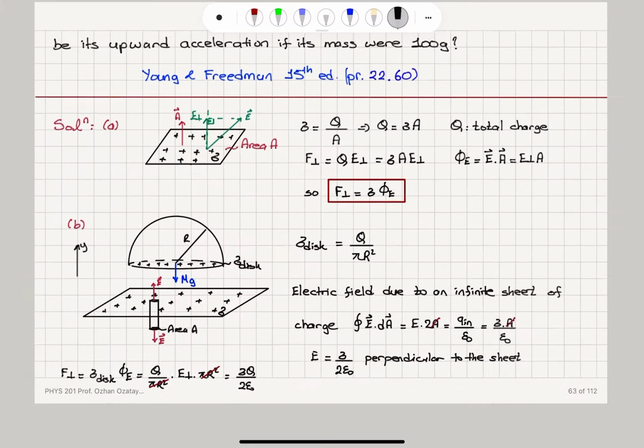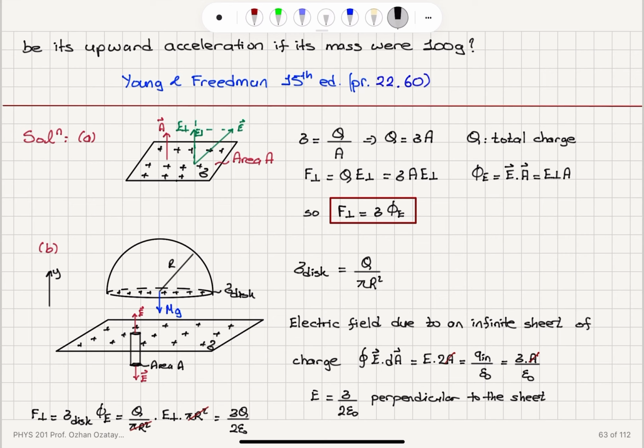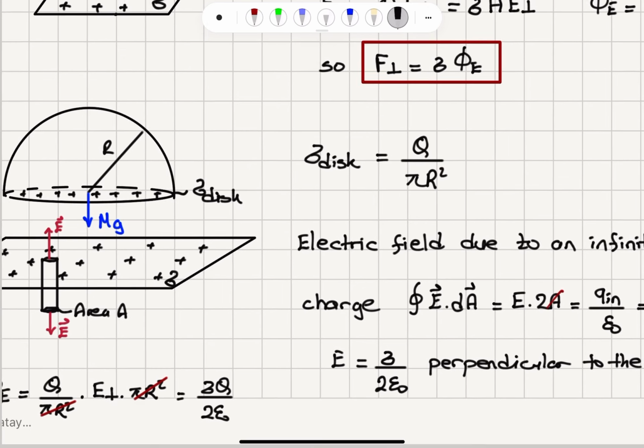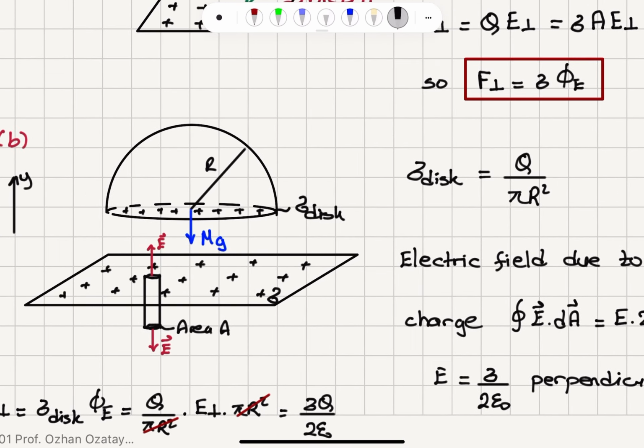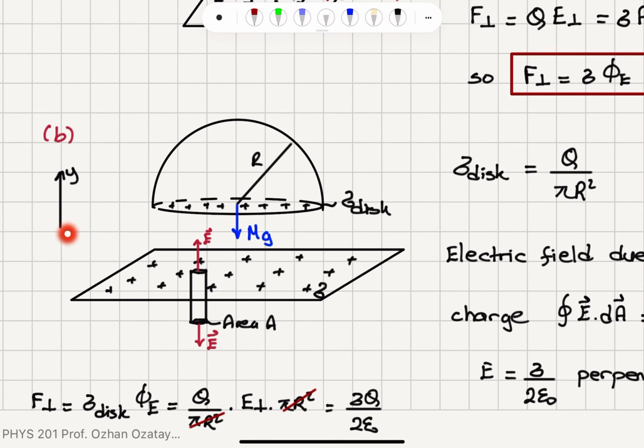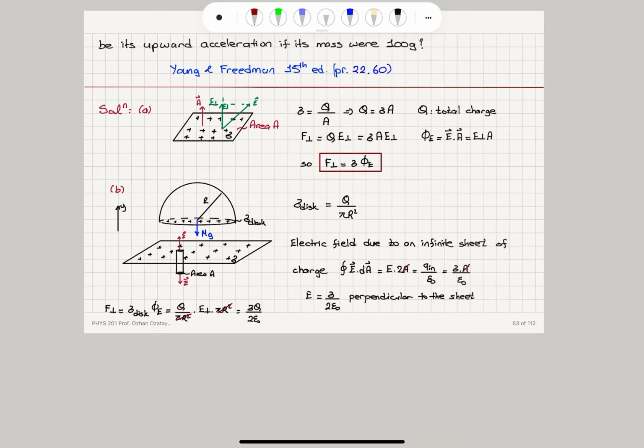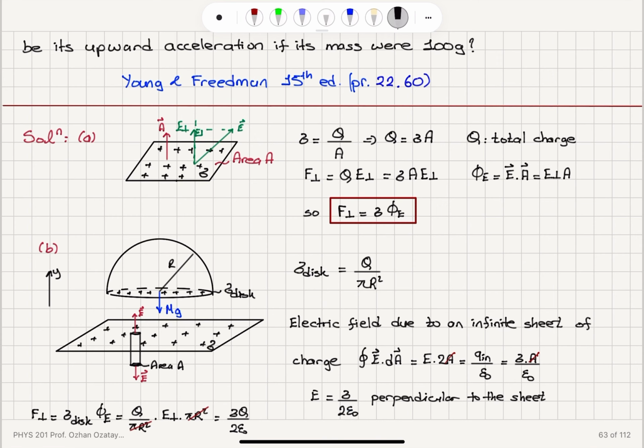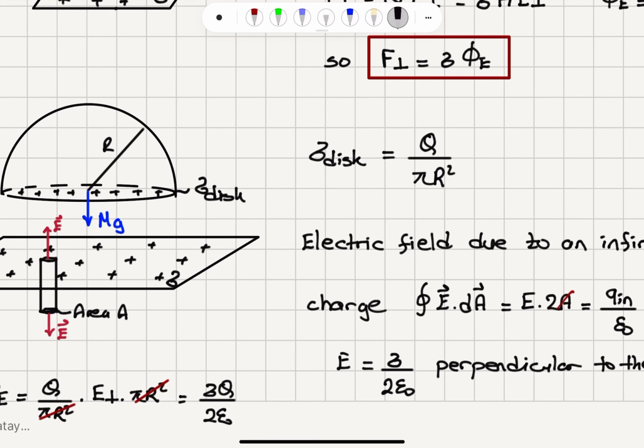And if I write the net perpendicular force, the sum over, so let's call this axis the y-axis. You can see here I called this axis the y-axis. If I write the net force on the y-axis, it is equal to the perpendicular force.